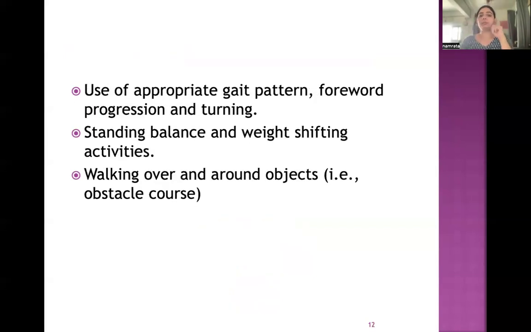Then use of appropriate gait pattern, forward progression and turning. So many times we see that patient can walk straight, but whenever it comes to turning, it is very difficult for them.